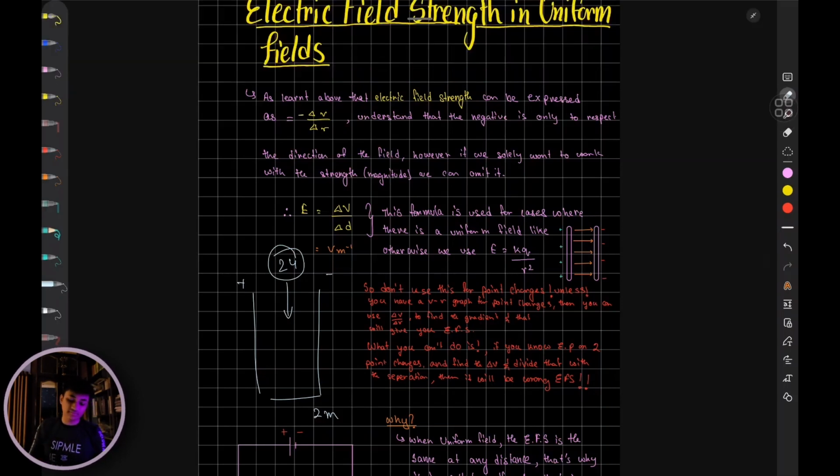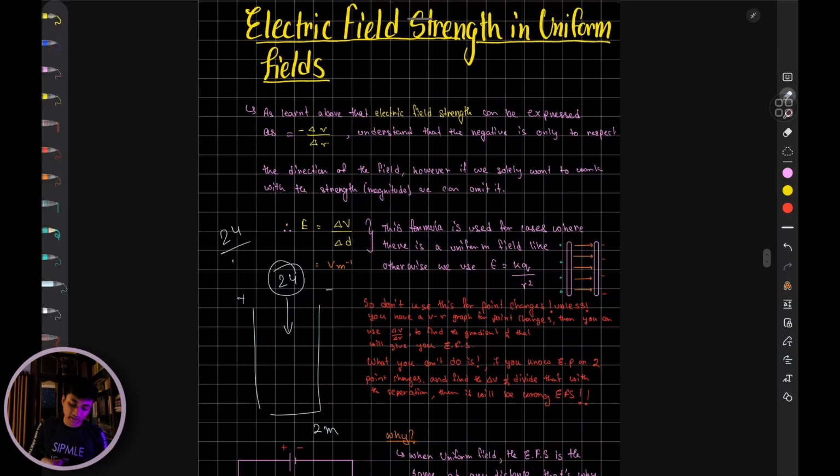From this information, you can find the electric field strength. 24 divided by the separation 2 gives you 12, which is force per coulomb, right? That is your electric field strength. So logically, at the middle, 12 times 1 meter is supposed to give you 12 volts, but that is not the case, which is why I'm not using this example.